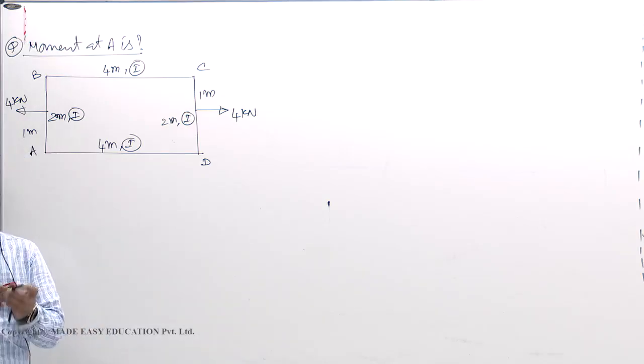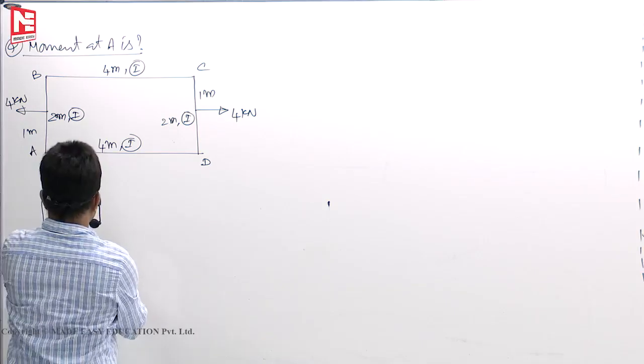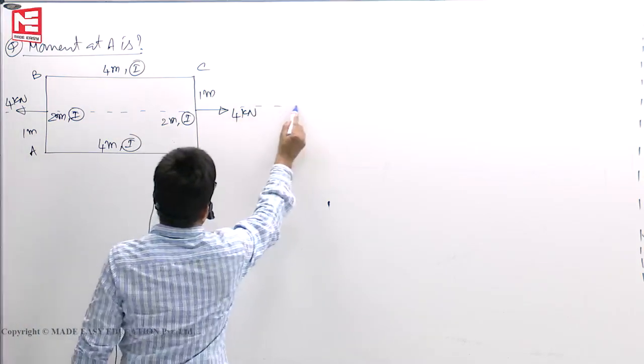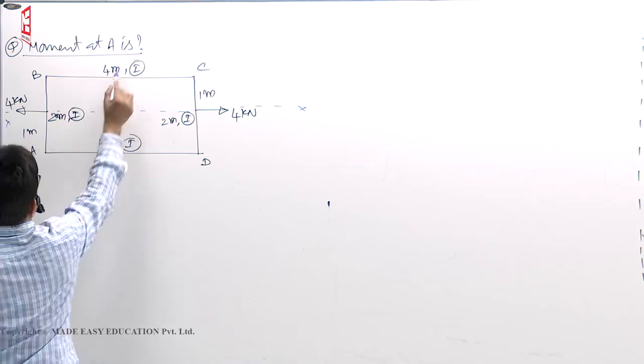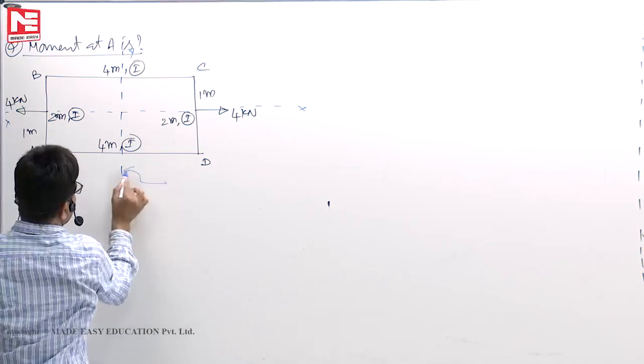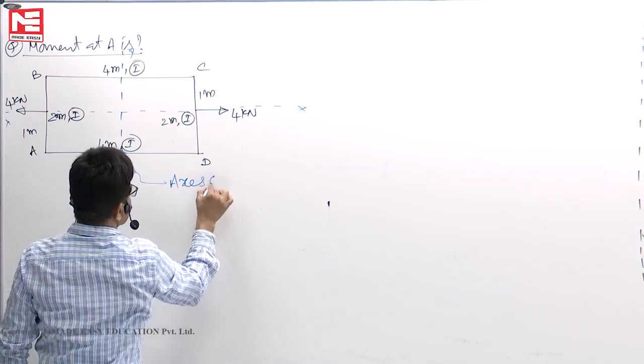Okay. Now, this box frame is symmetrical about x axis as well as y axis. These two are called axes of symmetry.